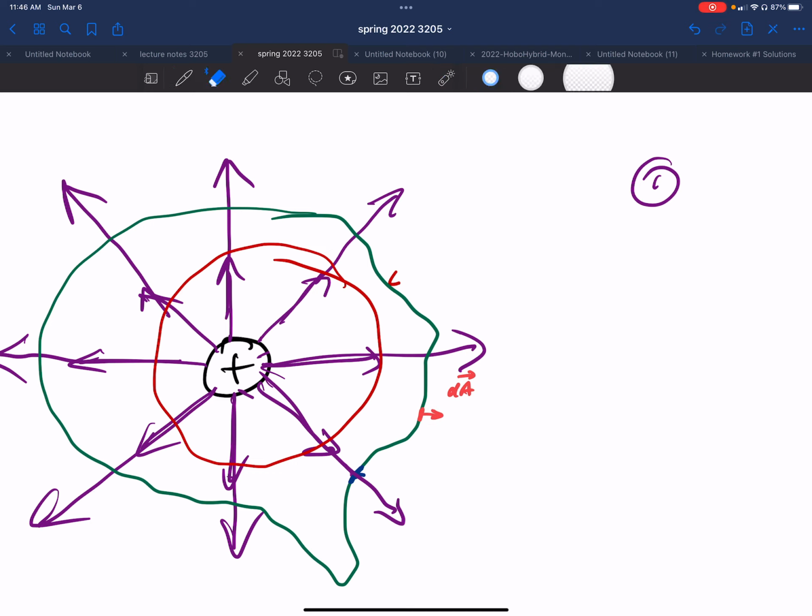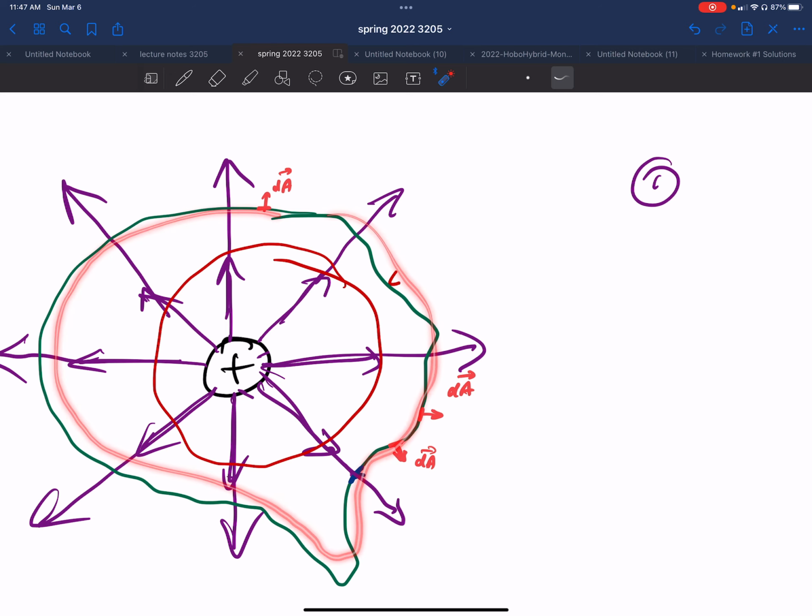So for this little bit, its area vector would be pointing in that direction because it's perpendicular to that area. This would be dA for that, and this would be dA for this. So we've divided the area of this weird shape into these dA's, and each dA has an amplitude component, which is this tiny area, and a vector component.